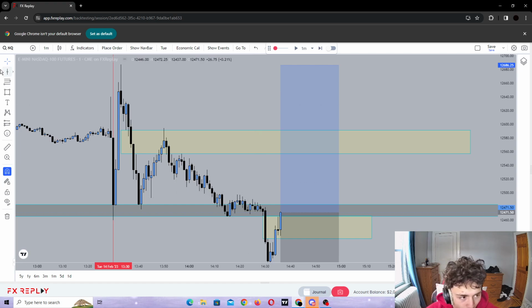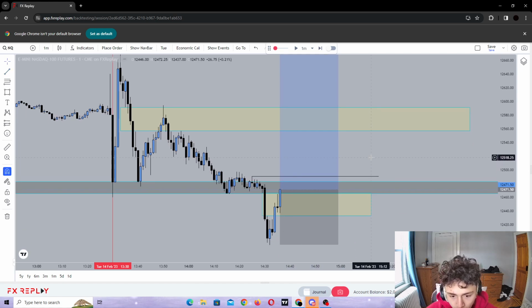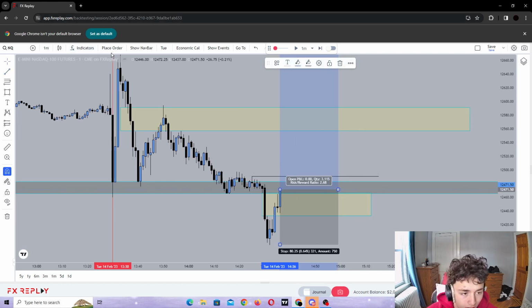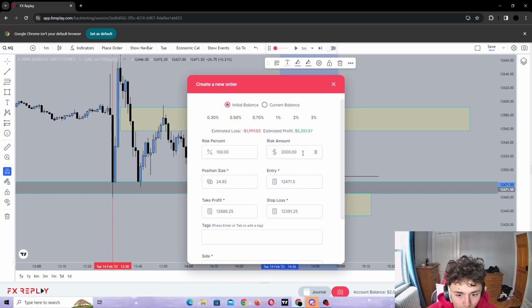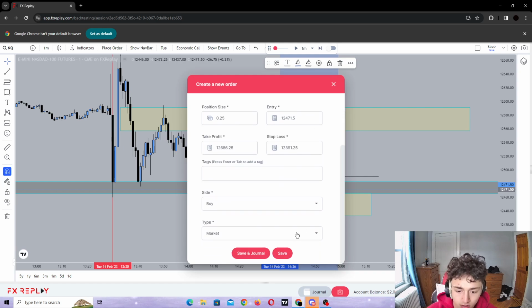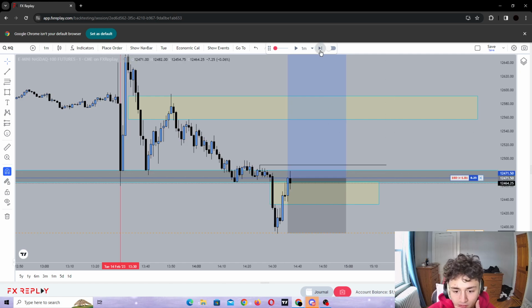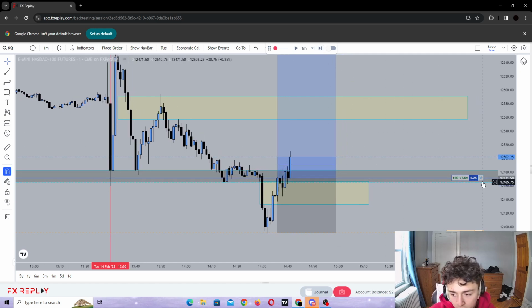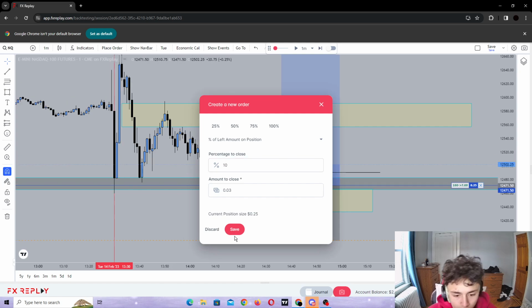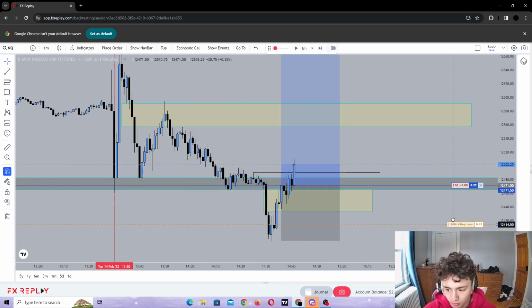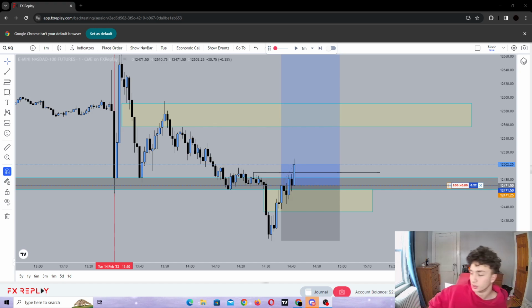Once we hit an internal high like this, I'm going to scale here. Place order 1%. I'm going to scale 10% and then move my stop to break even to protect myself, because if it's bullish, it shouldn't come back down.